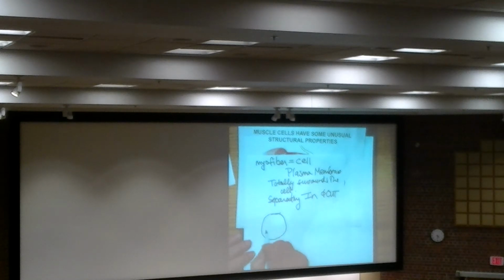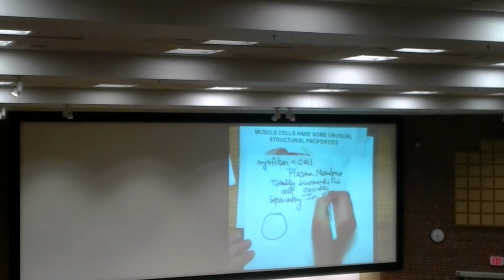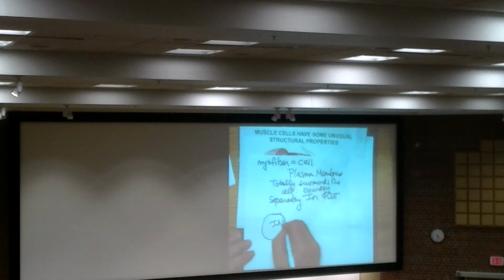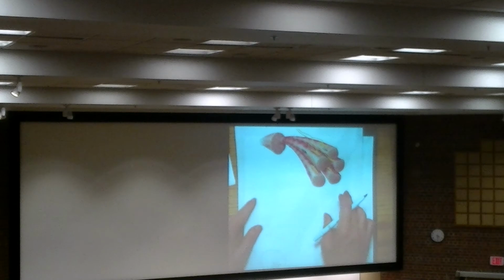That's the boundary of the cell. And it defines in and out. Well, these unusual myofibers are totally surrounded by a plasma membrane. That makes them a cell. They are the smallest unit of life in a muscle. But they have very unusual properties.